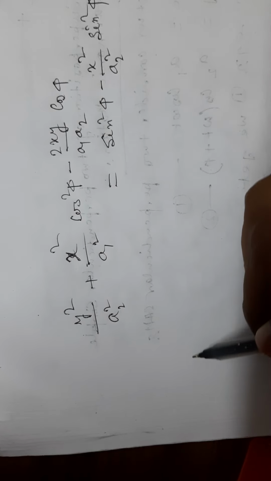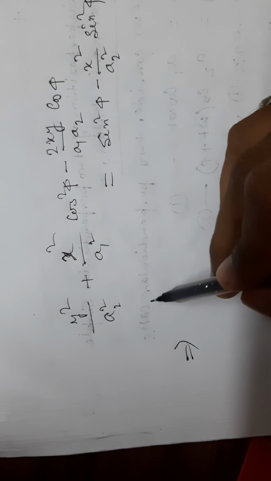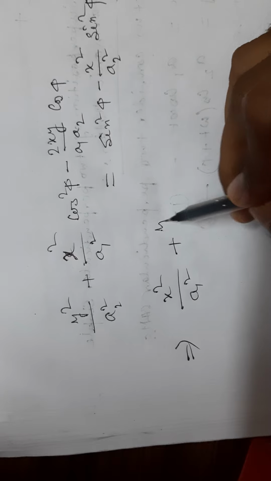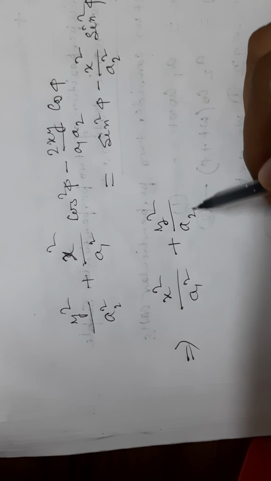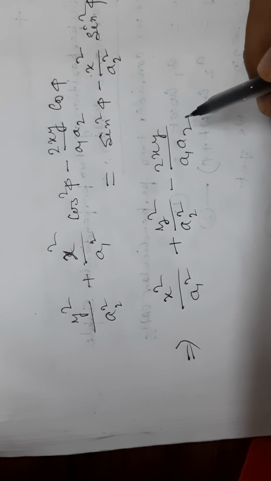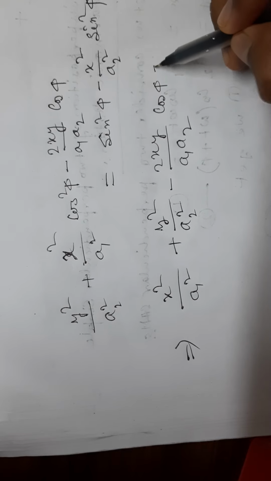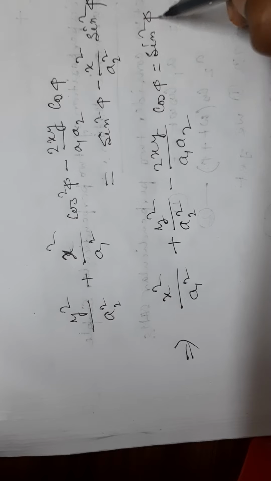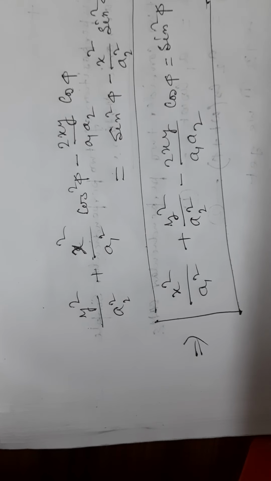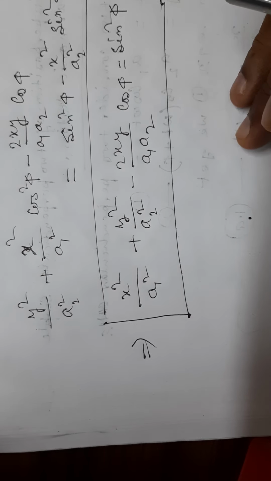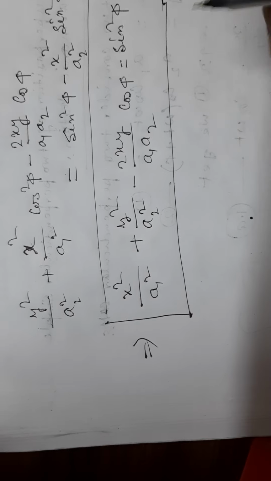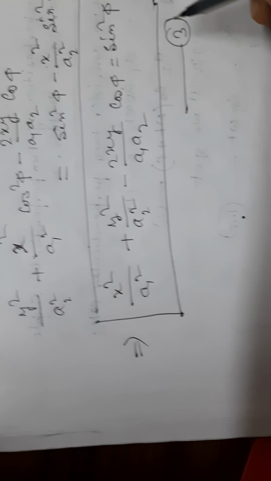So finally we get x square by a1 square plus y square by a2 square minus 2xy by a1 a2 cos phi equals sin square phi. This is a very important equation. This is the final equation of superposition of two simple harmonic motions perpendicular to each other, and this is equation number 3.